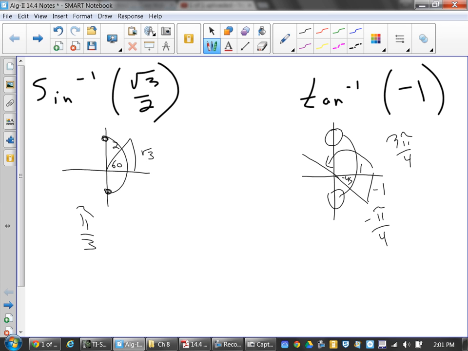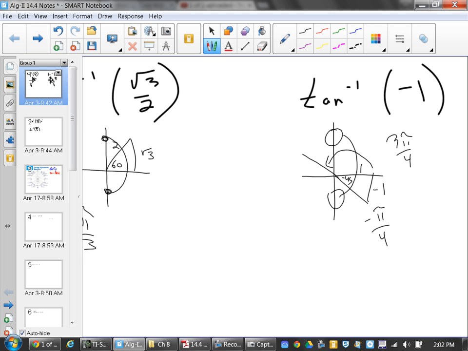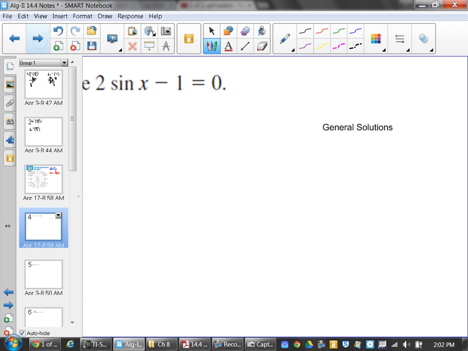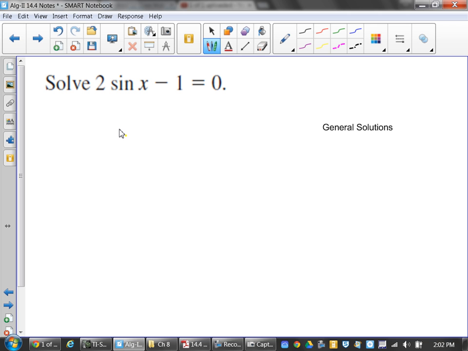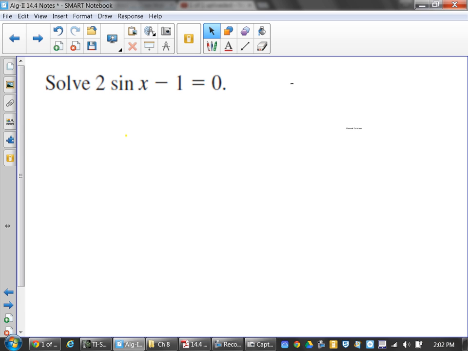So what we're going to do is ask this question slightly different. And this is section 14.4. We're going to find all the angles that solve that equation within one revolution.